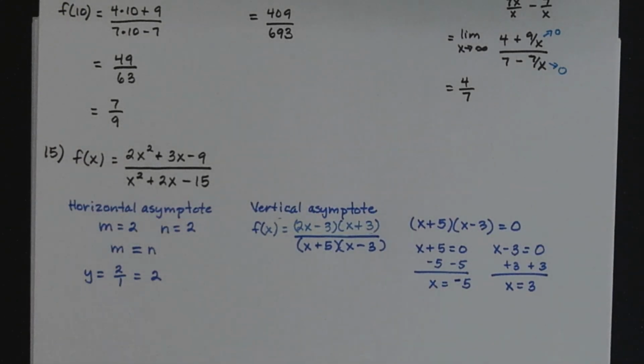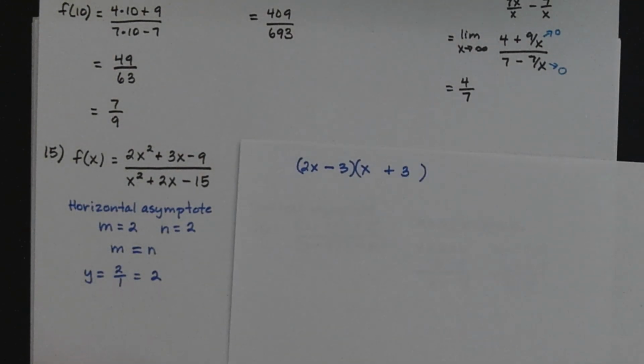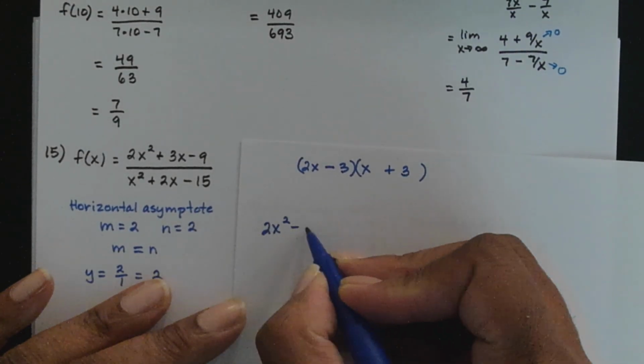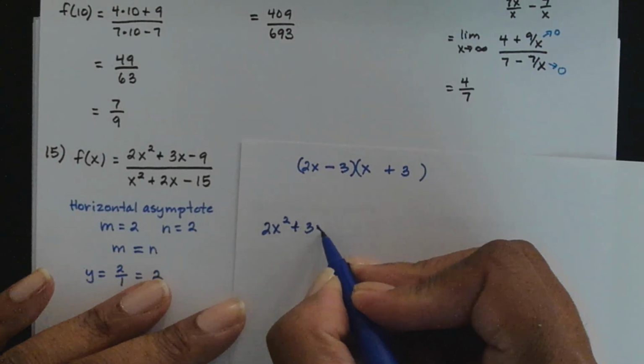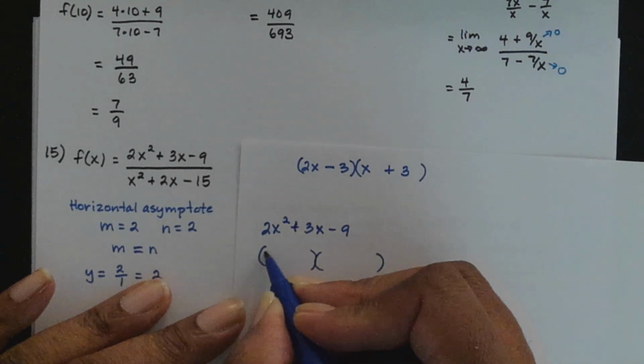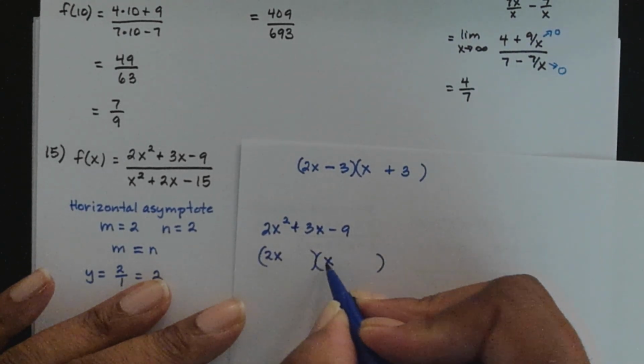Are there any questions about problem number 15? I'm a little confused on what the 2x minus 3, x plus 3, where that came from. Oh, the way I did this was just, I know 2x squared can only break up as 2x and x.